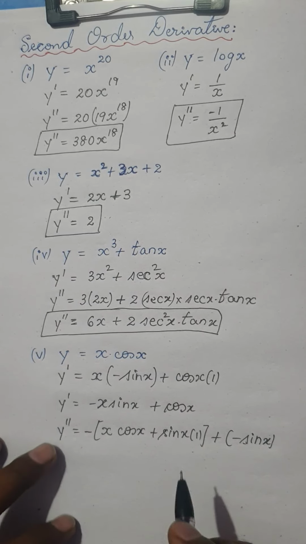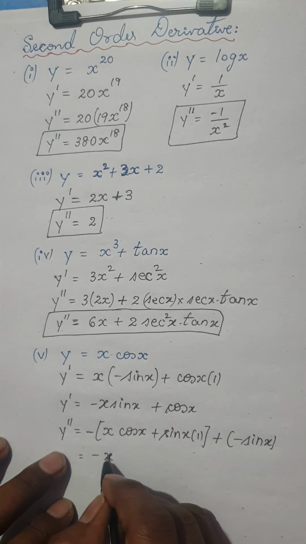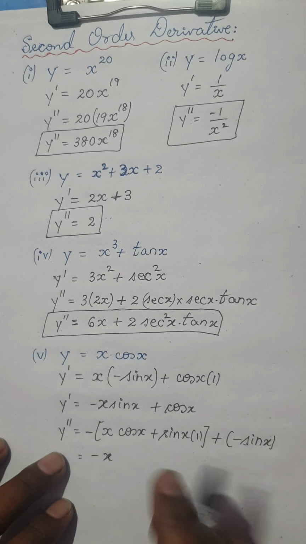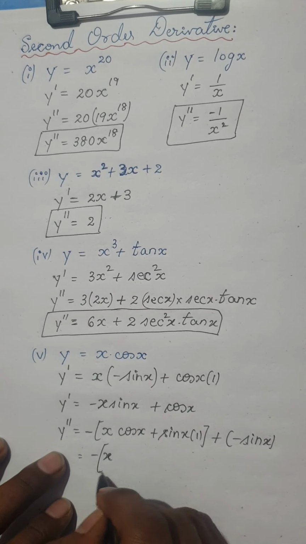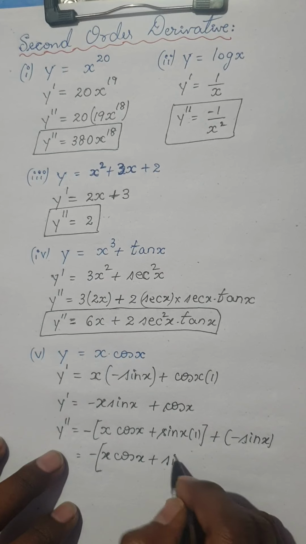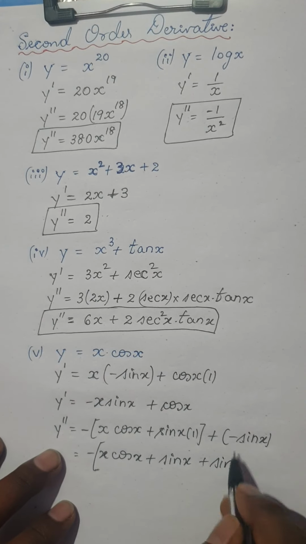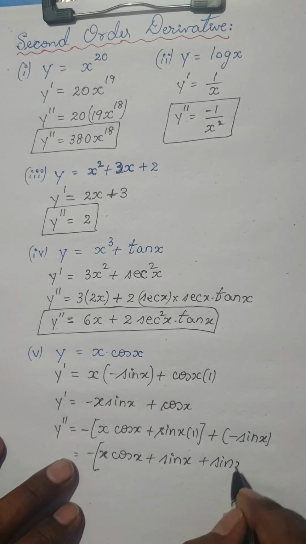So you can see what happens here. In both the terms I have minus common, so take minus outside. So I will get x cos x plus sin x into 1, that is sin x, and I am going to add another sin x here because I have taken minus common here.